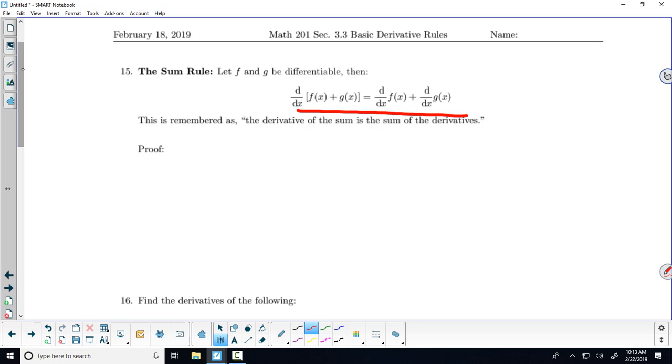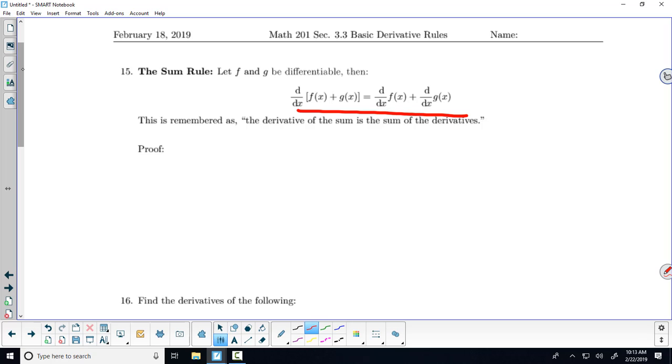Now, I have made a huge deal about these little phrases, and most of them have been exactly what you would expect. The limit of the products was the product of the limits. The limit of the quotient was the quotient of the limits, provided the denominator wasn't 0. Here I've just said that the derivative of the sum is the sum of the derivatives. In the next lesson, in 3.4, we will look at products and quotients of derivatives, and they do not follow the mold.